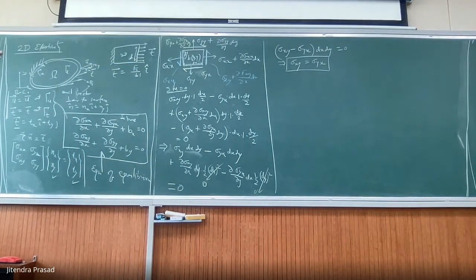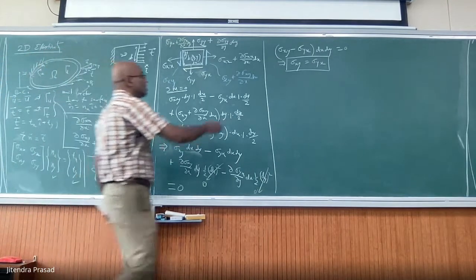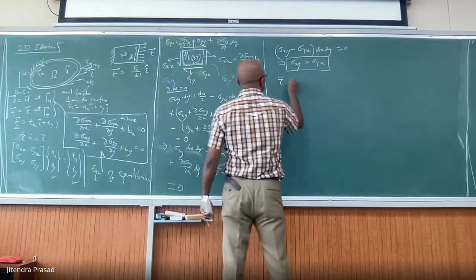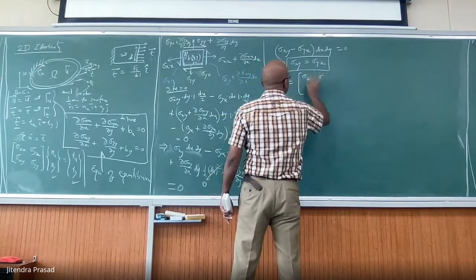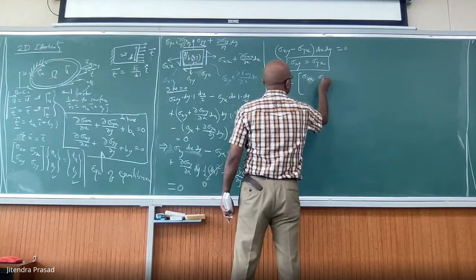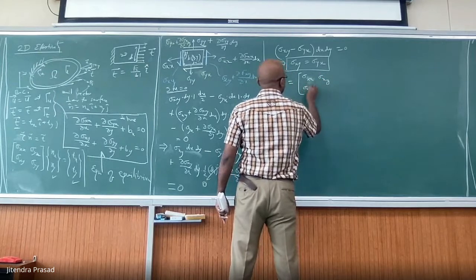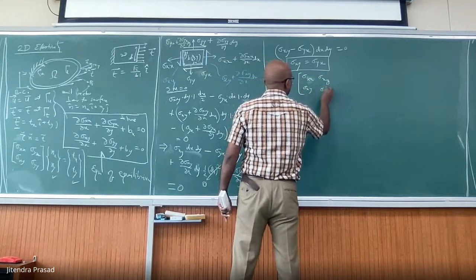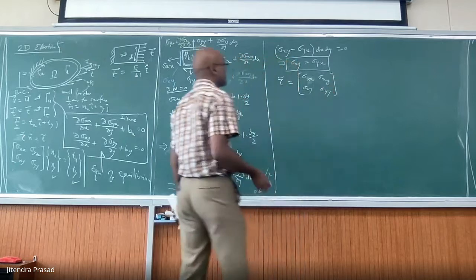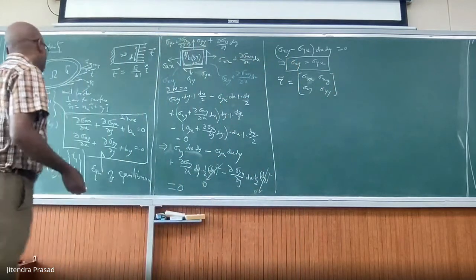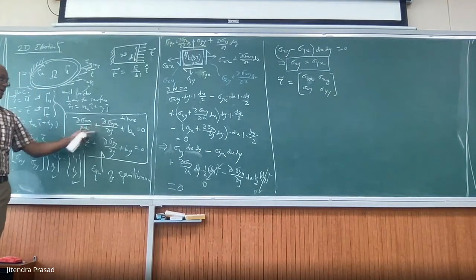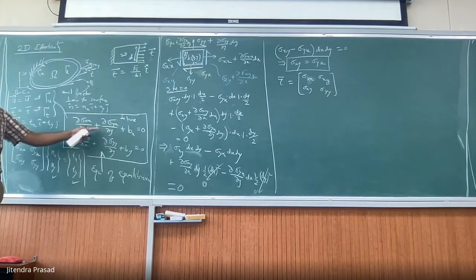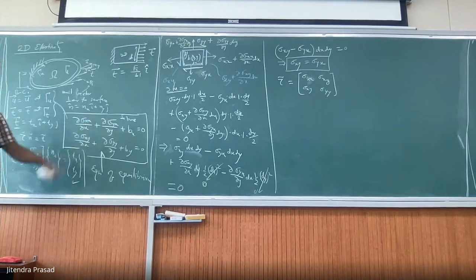Now, sigma xy equals sigma yx. If you write that, then the definition of all these things you can change. So this becomes sigma xx, sigma xy, sigma xy, sigma yy. You can write it like that, no need to write yx and xy.